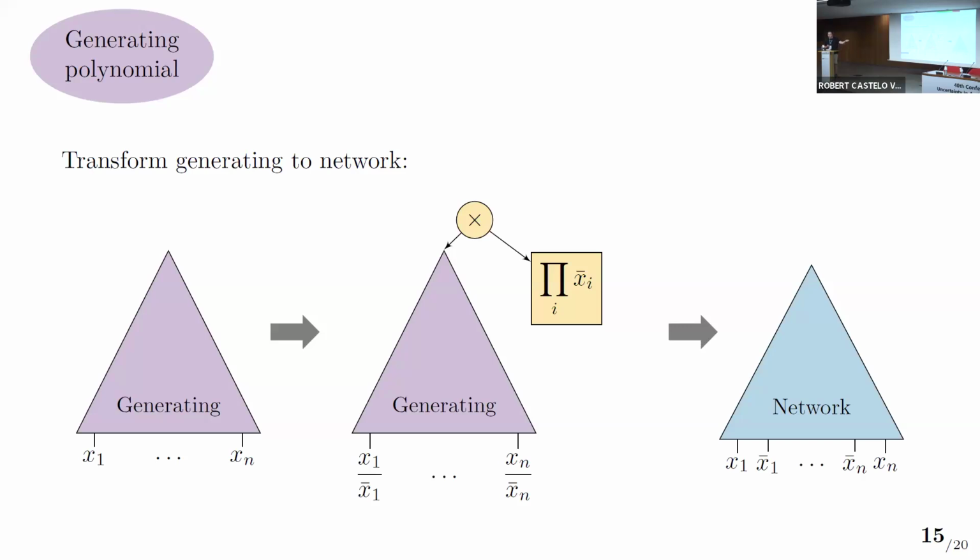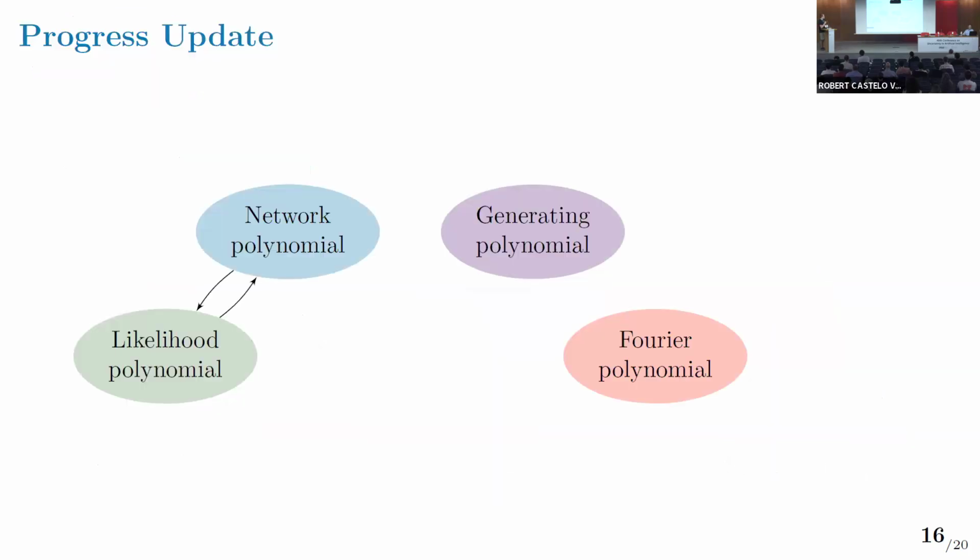And so actually you can't use this computation graph to do inference. You would have division by zeros all the time. So this Strassen result allows us to get back to the base sums and products language quite nicely. Okay, so the progress update here is that now we've connected network and generating semantics.